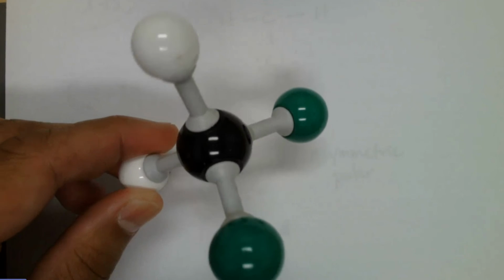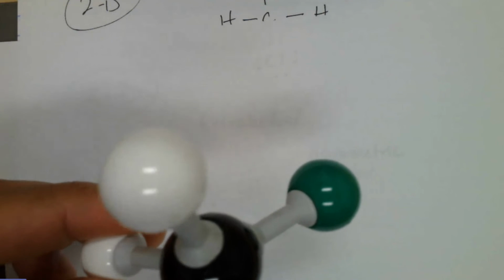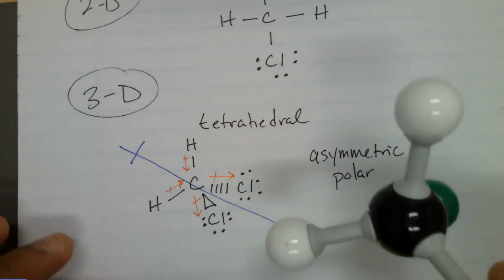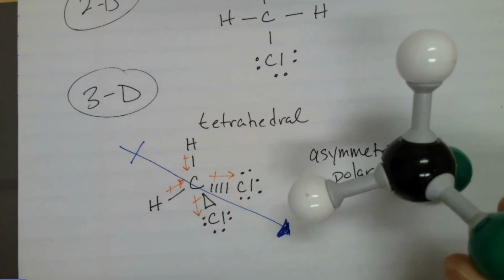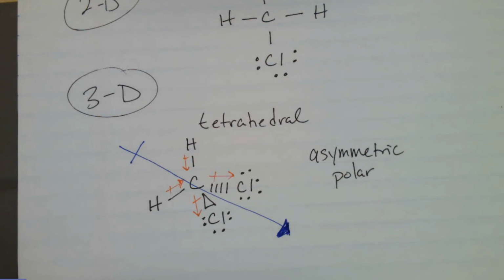Now, let me show you the problem with dichloromethane. So let's go back to our Lewis structures. By the way, good example here of the wedge and dash, right? The chlorines going towards you and away from you. You can see that right here. So here's the problem with the 2-dimension, right?